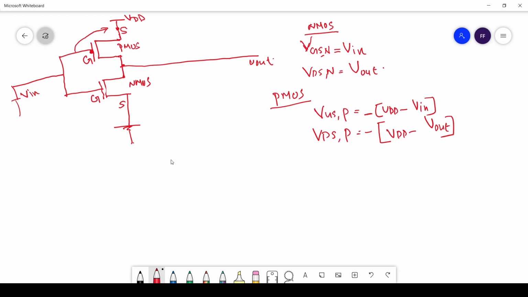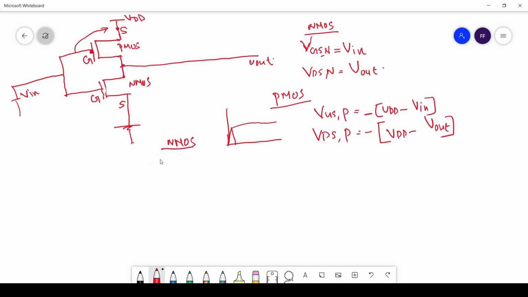Now we can write the expressions for NMOS in linear and saturation region. I will show the linear and the saturation regions of NMOS. So this is the linear region and this is the saturation region. When NMOS turns on, there are two options: either it is in the linear region or in the saturation region.